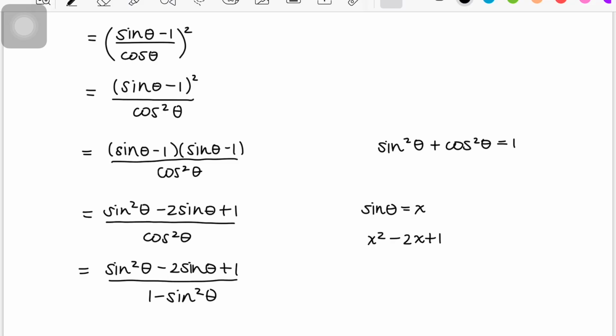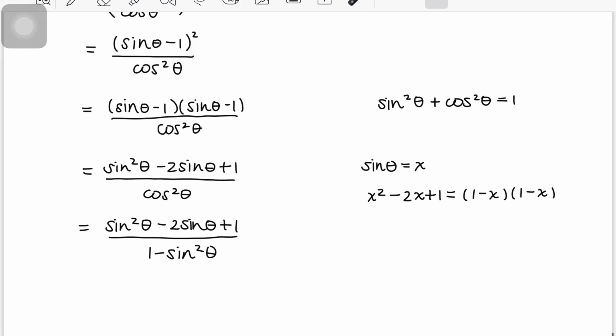Now what we can do here is factor this. This is the same as 1 minus x times 1 minus x. Additionally, if we're letting sine theta be equal to x, then in the denominator we have 1 minus x squared. And this guy can be factored as 1 minus x times 1 plus x.